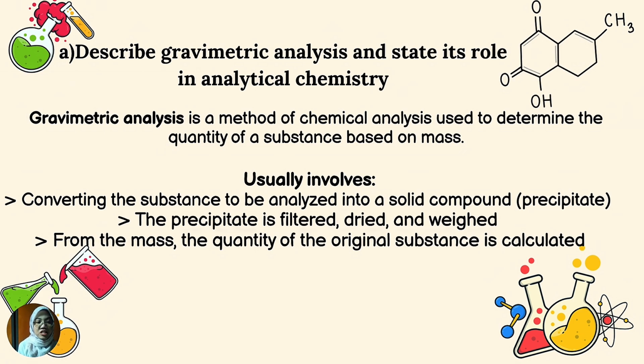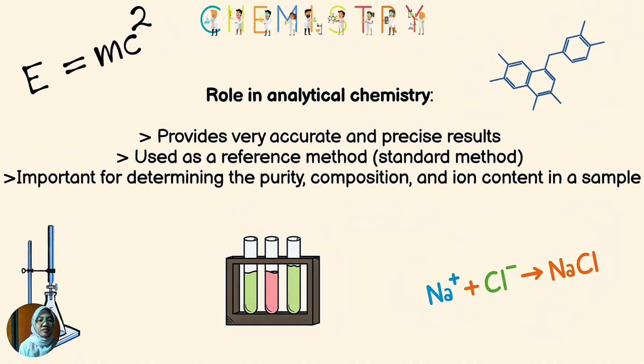From the mass, the quantity of the original substance is calculated. For the next part, its role in analytical chemistry: it provides very accurate and precise results, is used as a reference method and standard method, and is important for determining the purity, composition, and ion content in a sample.